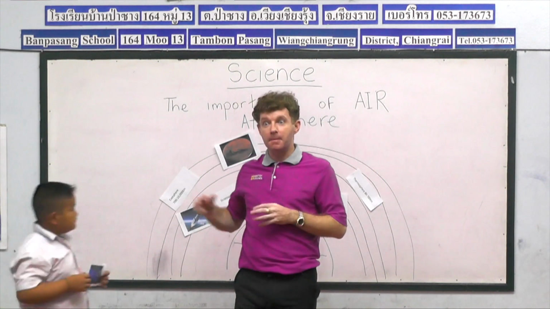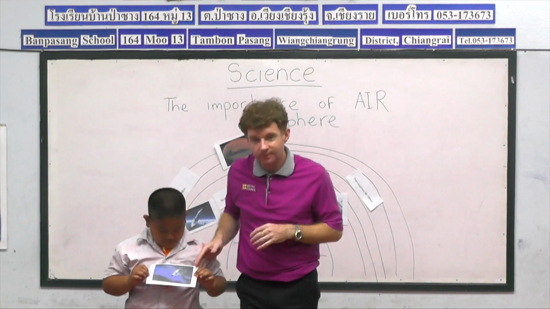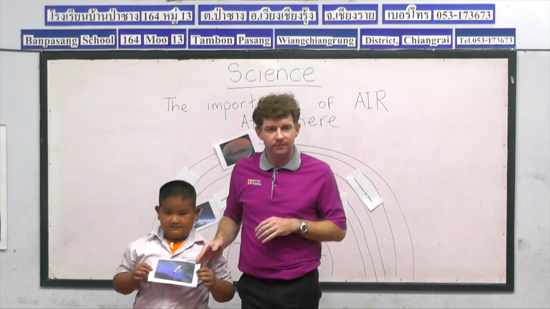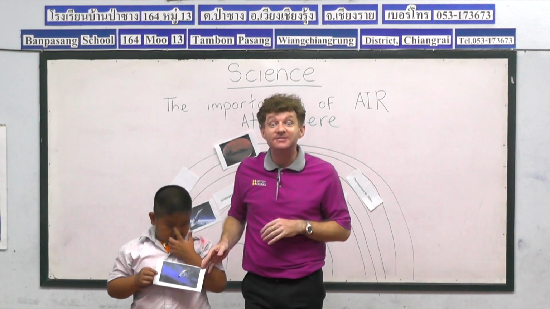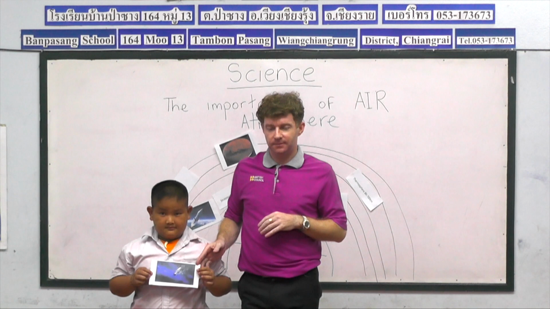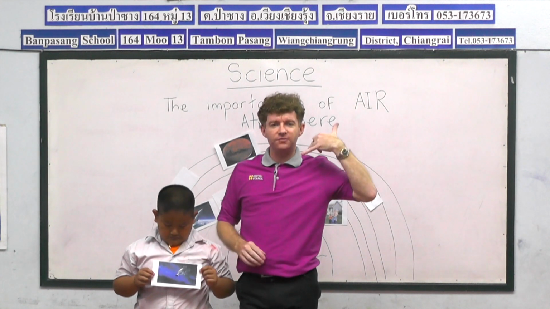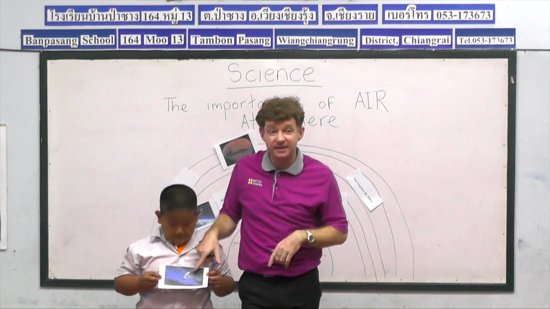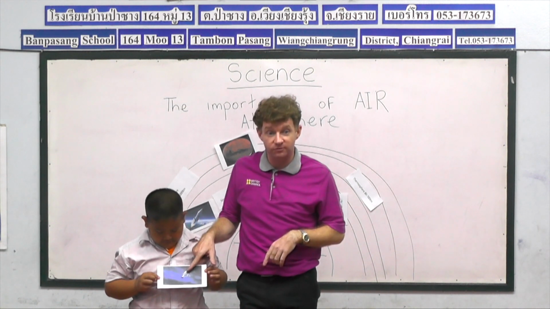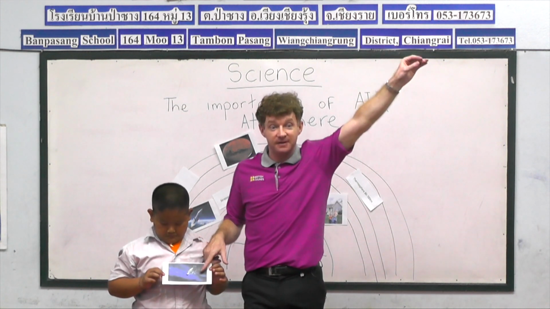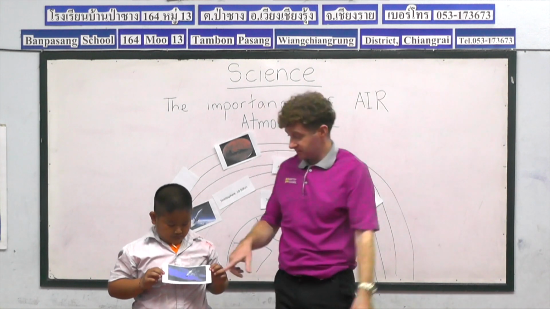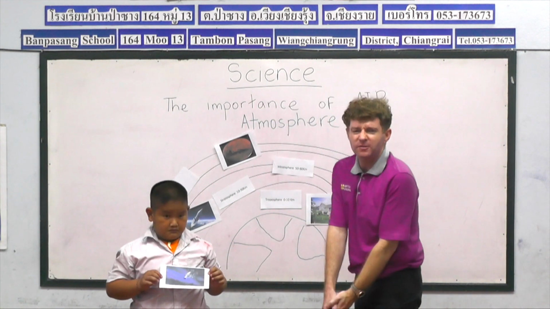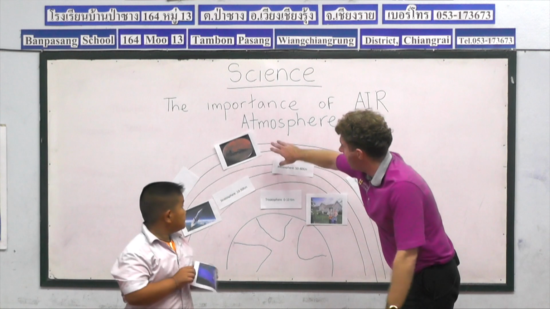Does anybody remember what this picture is? Not a rocket. This is a satellite. Yes, when you use your telephone or you watch television, this is how the signal gets to your phones. It's sent to satellites and then bounced back to planet Earth. But it's not quite as far away as Mars.